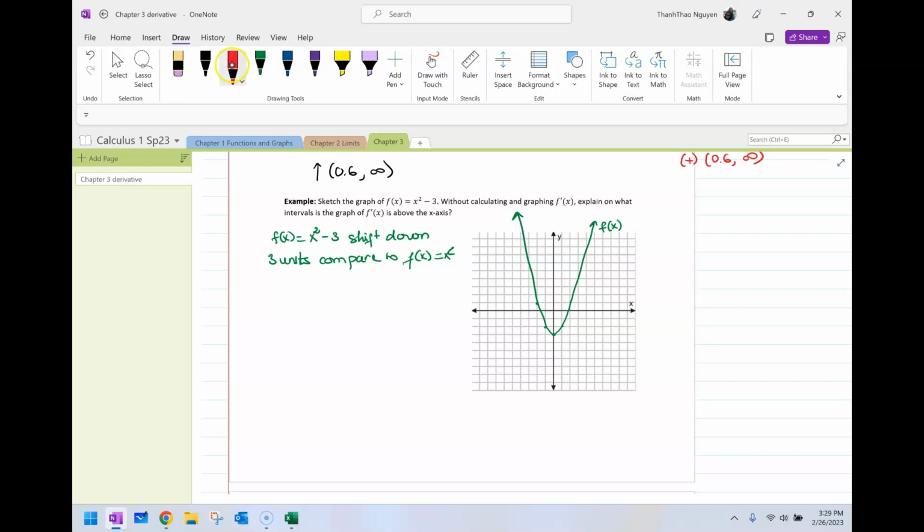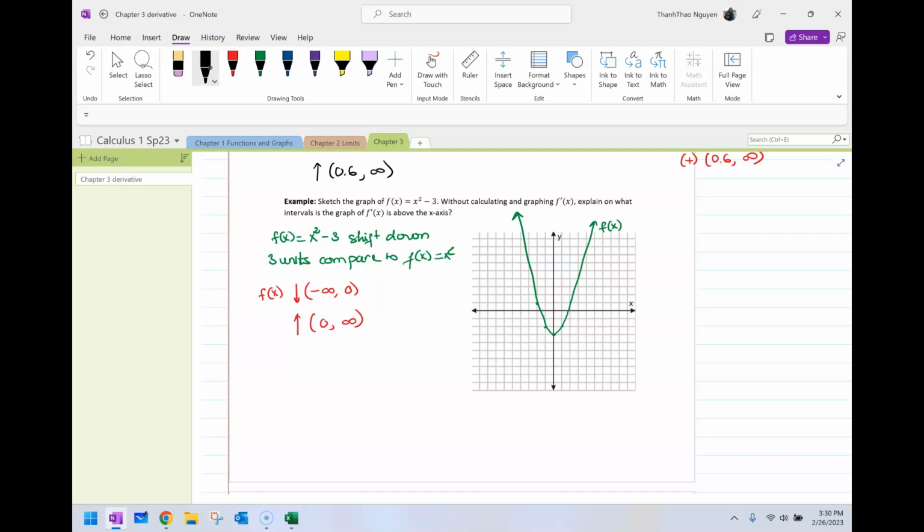Okay, so I know that f of x is decreasing on the interval negative infinity to 0 and increasing from 0 to infinity. Without calculating f prime of x, explain on what interval the graph of f prime of x is above the x-axis.